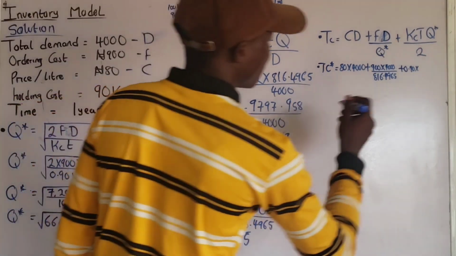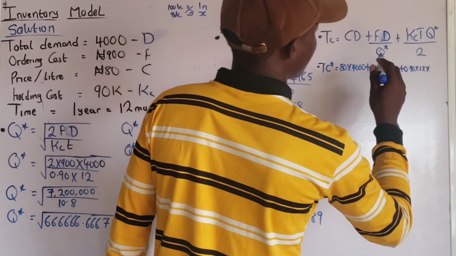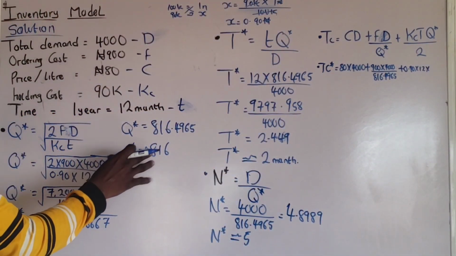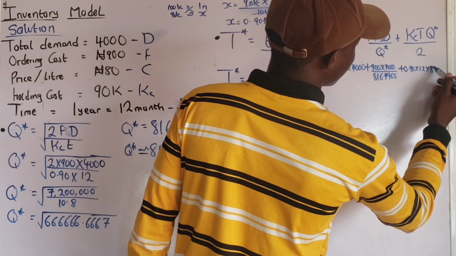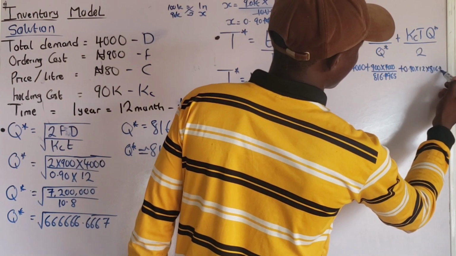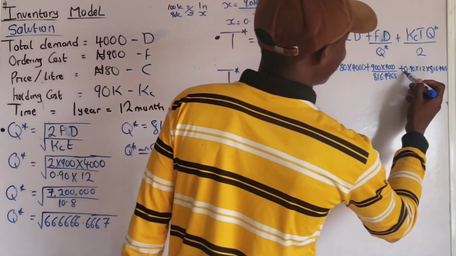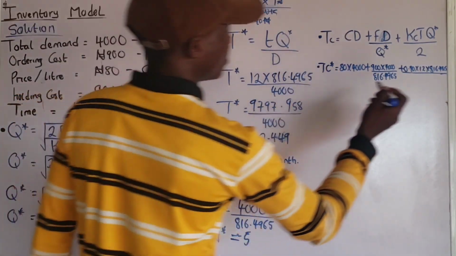So multiplied by 12, multiplied by Q asterisk, the optimum quantity, that is 816.4965. Don't mind, I'm just trying to manage the space. Divided by 2.